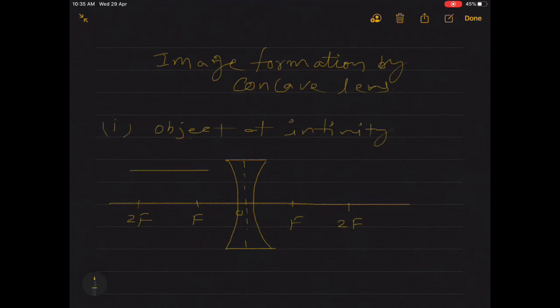So when the object is at infinity, then again we would consider a few of the rays originated from the object. They will pass through, or appear to pass through, the focus after being refracted. So the image is formed at f on the same side.